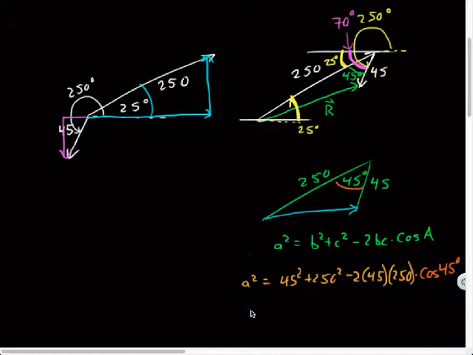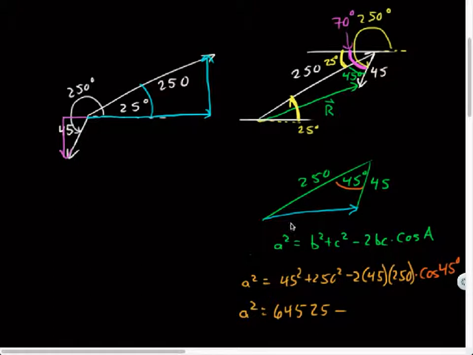So a squared equals 45 squared plus 250 squared. That's a big number. Man, if I made that much money a year, that'd be pretty sweet. And then I'll multiply the rest and subtract it: 2 times 45 times 250 times the cosine of 45, which, by the way, cosine 45 is root 2 over 2.